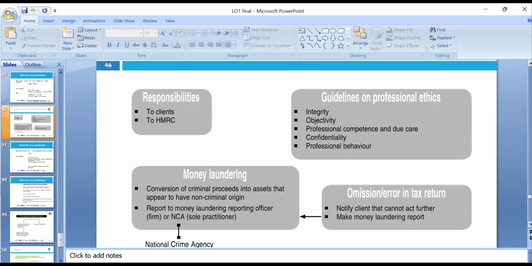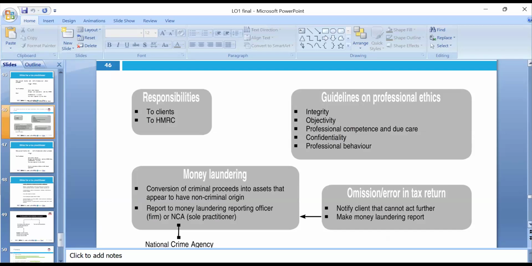Professional behavior means no conflicting information and no self-interest. Professional competence means up-to-date knowledge. Confidentiality means keeping client information confidential and not declaring it to a third party. Objectivity means true and fair, and integrity means honest. So these are the ethics we need to follow.